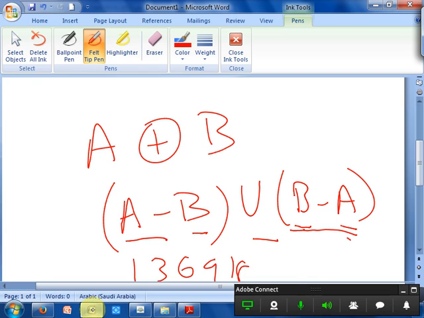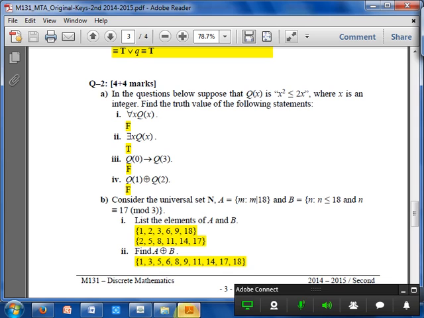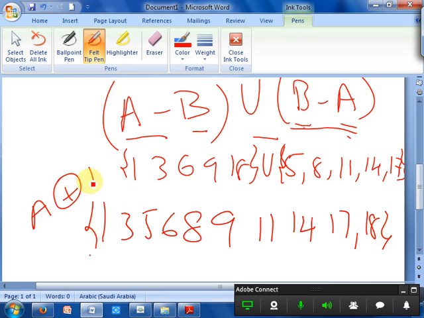Union all these together: 1, 3, 5, 6, 8, 9, 11, 14, 17, 18. Where is 2? 2 is not there. This is A XOR B.